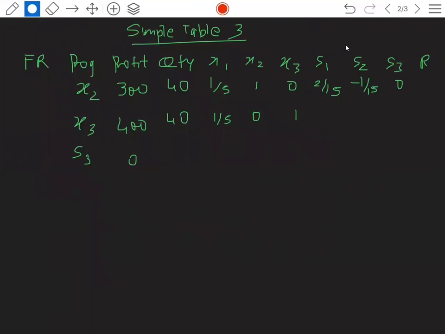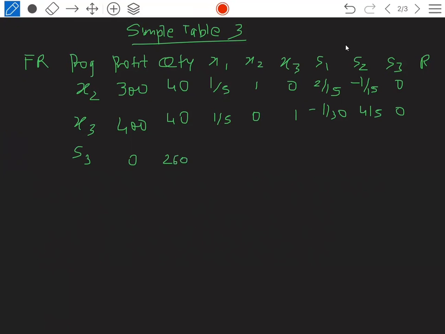So that will be minus 1 by 30, correct? S2 is going to be 4 by 5 and S3 is 0. Then we have got quantity as 260. Just calculate this 260.